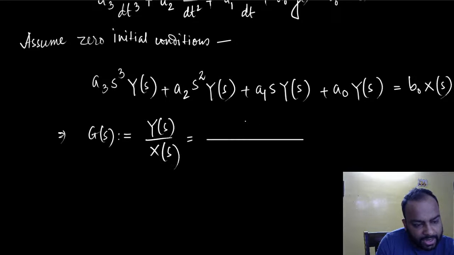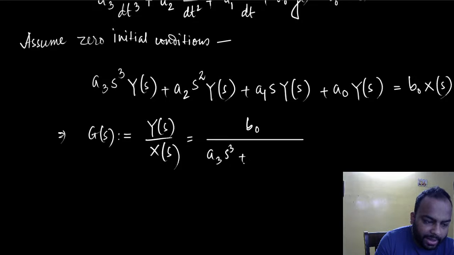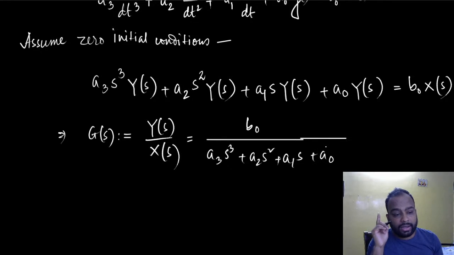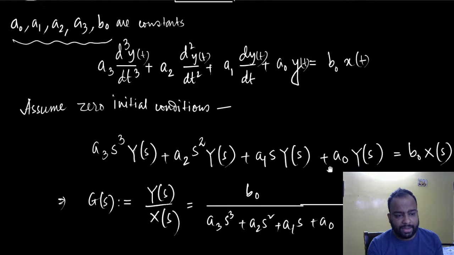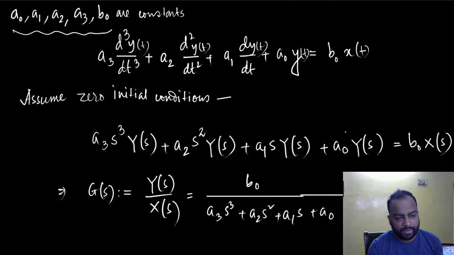That's going to be b0 by a3 s cube plus a2 s square plus a1 s plus a0, something like that. So this is the transfer function. Of course, I believe all of you already know that, right? But this time around we are not going to do that.